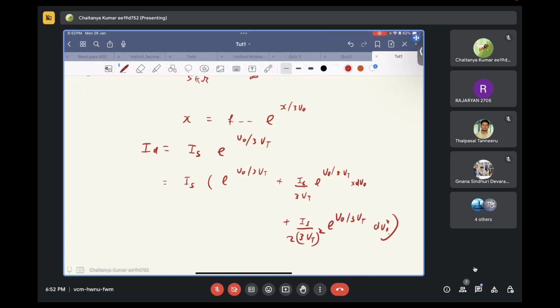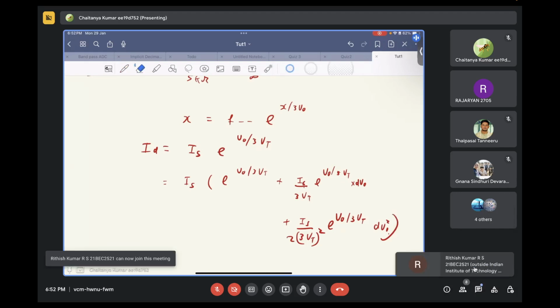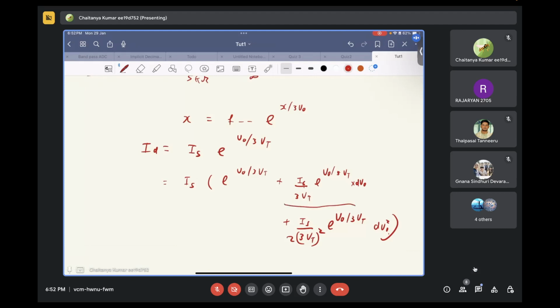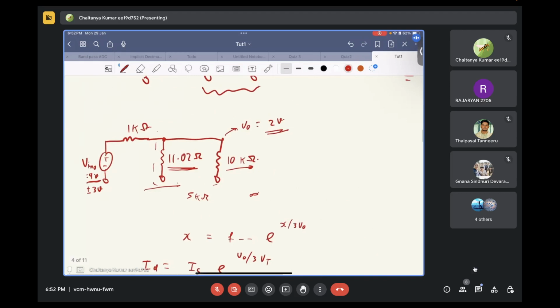If you neglect the second order term, then you will arrive at the incremental resistance that you had, and then you will have to solve a linear equation in order to find the voltage changes.